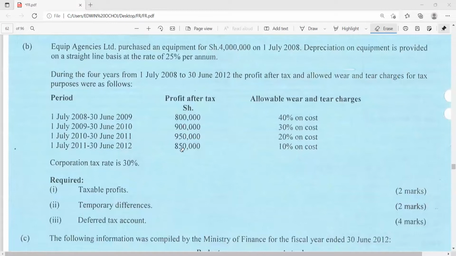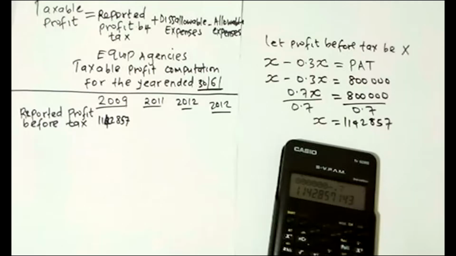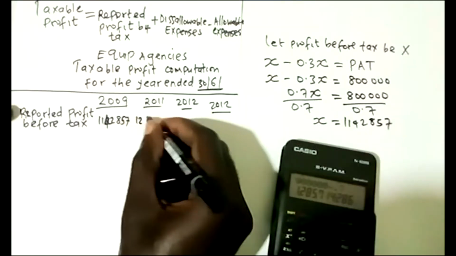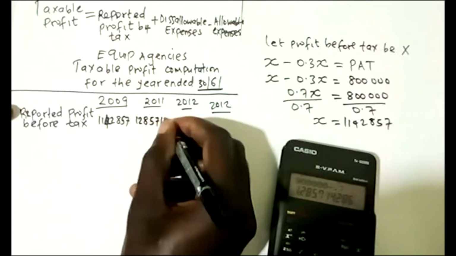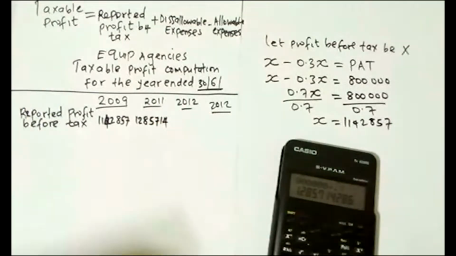The second one was 900, so 900 divided by 0.7 is 1,285,714.